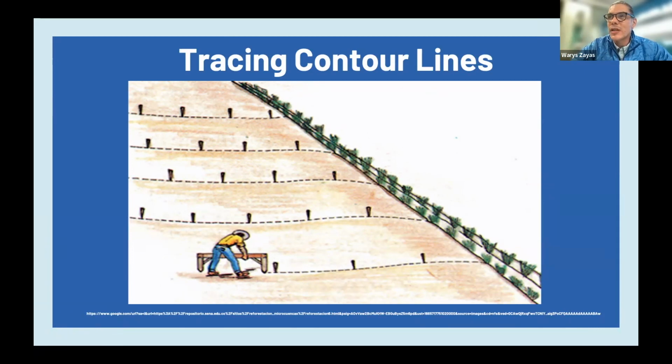But another consideration that you need to have in mind is if you are tracing the contour lines because you want to till the area, you need to do this before tilling. After you till the soil, it is virtually impossible to use any level, because the surface will be really raw and we will never find the right level, right? So before tilling, you need to mark your contour lines.